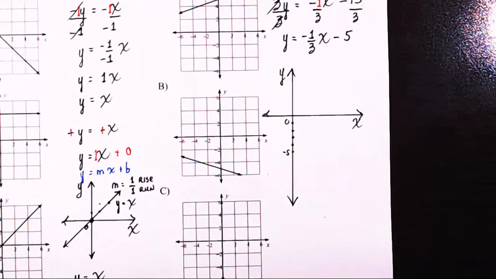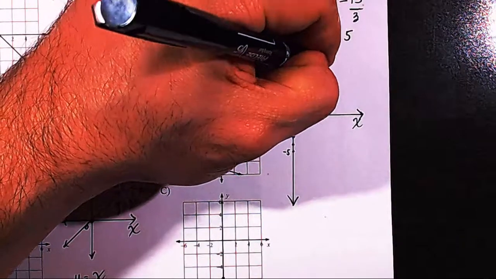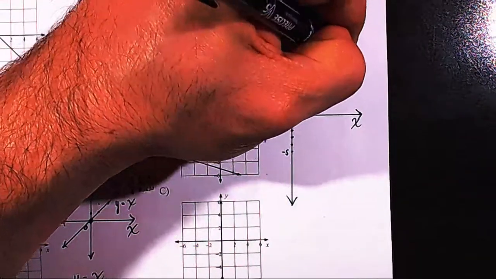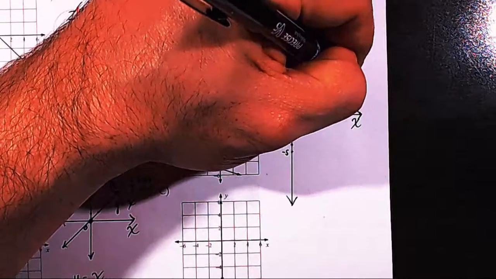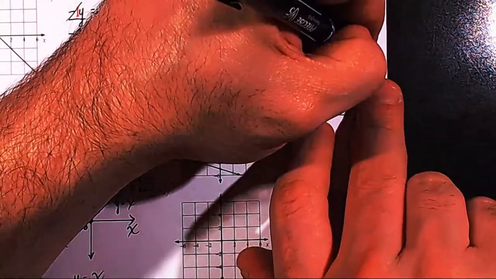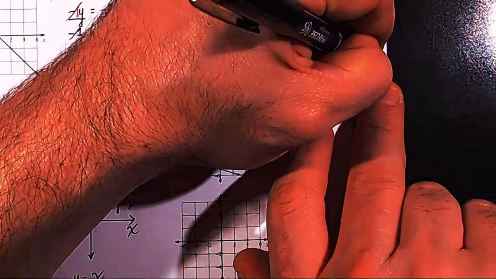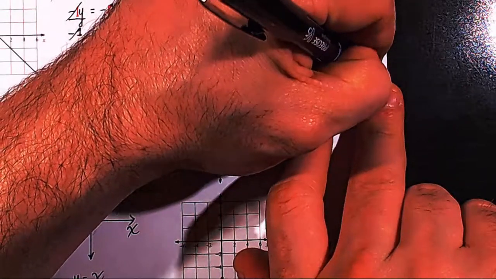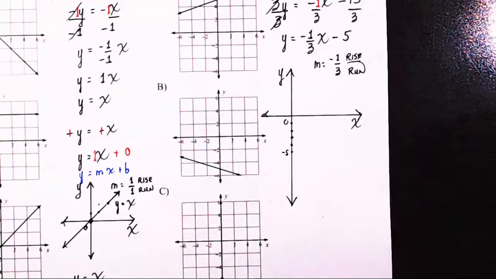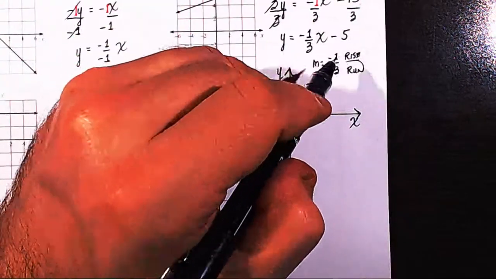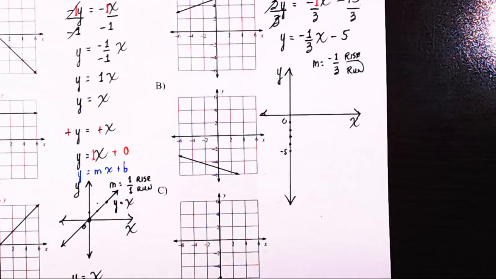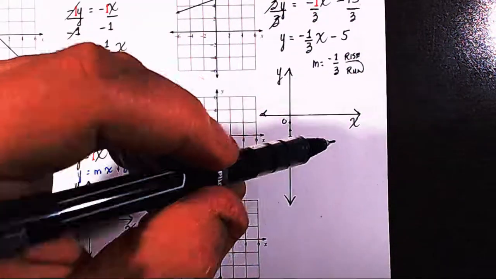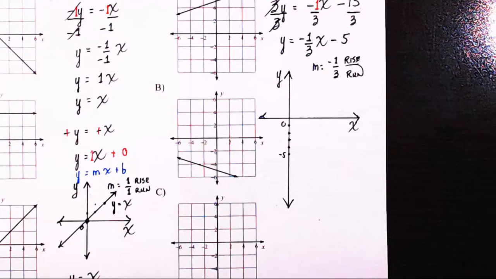Okay, so now what is the slope? Well, the slope is negative 1/3. Okay, so let's look at the slope for a second. M equals negative 1 over 3. So that means that's my rise and that's my run. Now, with a negative 1 in the numerator, it really means that I need to go down 1 and then 3 to the right.